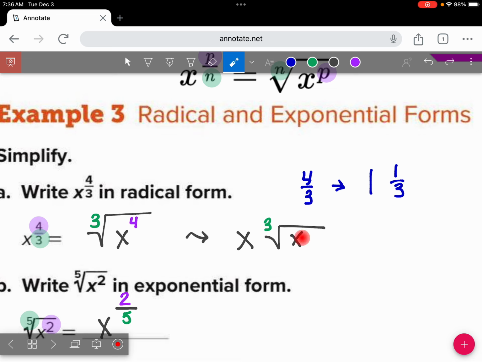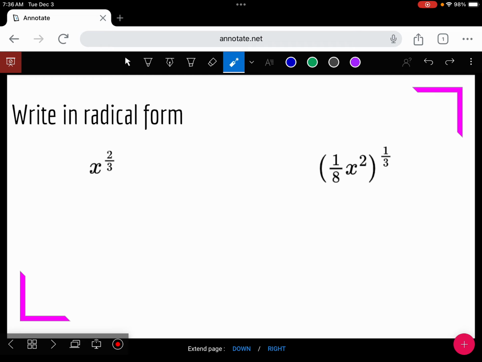We're going to practice just switching them back and forth, simplifying if we can, but also not worrying too much about it. So we're going to start by writing these in radical form. The first one is just like the ones we've done: x to the power of 2/3, and we want to write that as a radical.